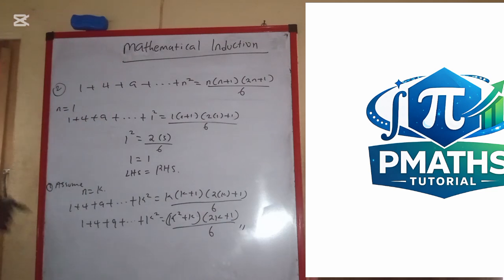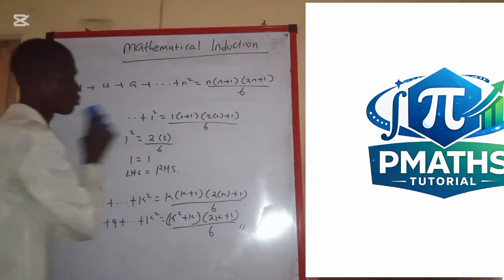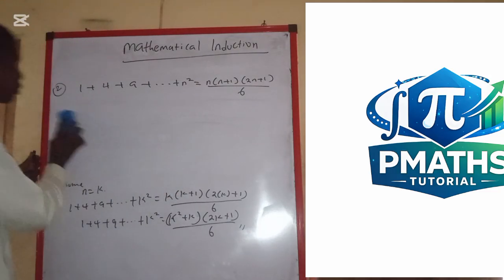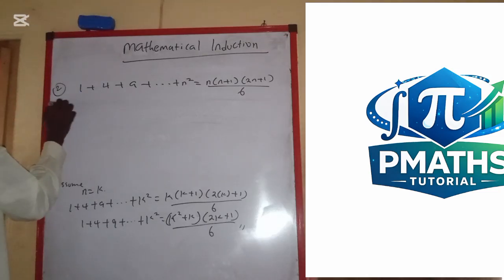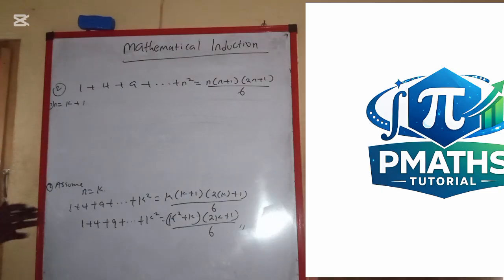So this is assume n equals k. So the next step is to prove that n equals k plus 1 is true.